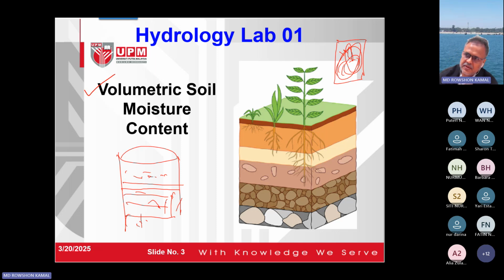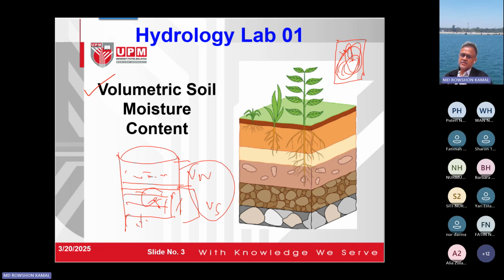If you leave it longer after separating, the water will evaporate. But this is not an accurate technique. At least you can know this is the volume of water, this is the volume of solid. This is the manual way.